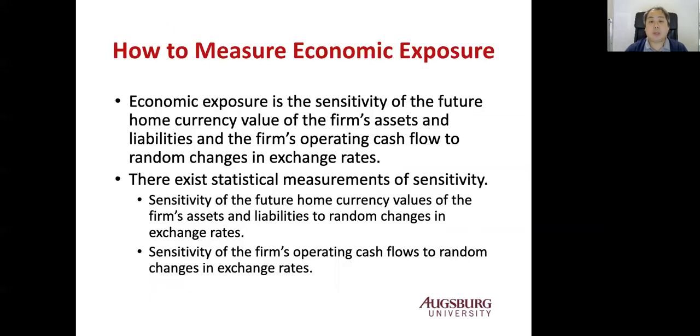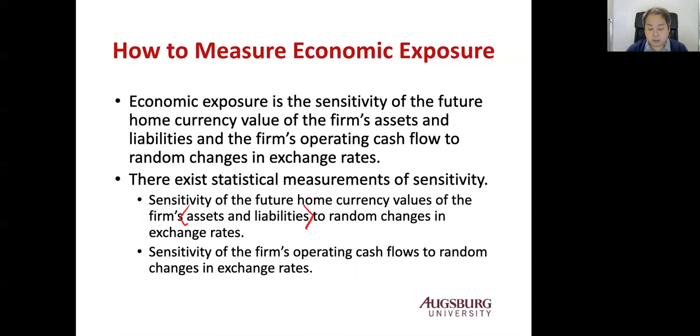So how do we measure this economic exposure? It's basically sensitivity: the sensitivity of the future home currency value of the firm's assets and liabilities, and of the firm's operating cash flow, to random changes in the exchange rate. So there are two parts. One part is the assets and liabilities: the firm's asset and liability values change based on the exchange rate.